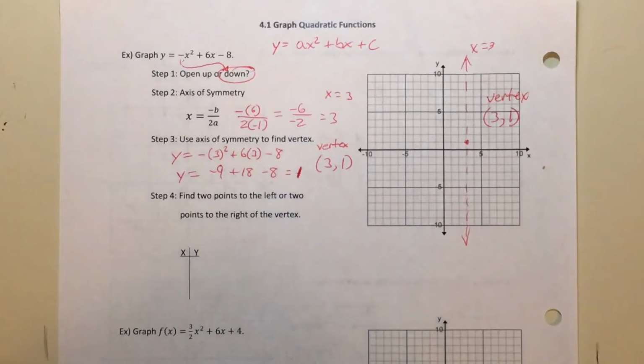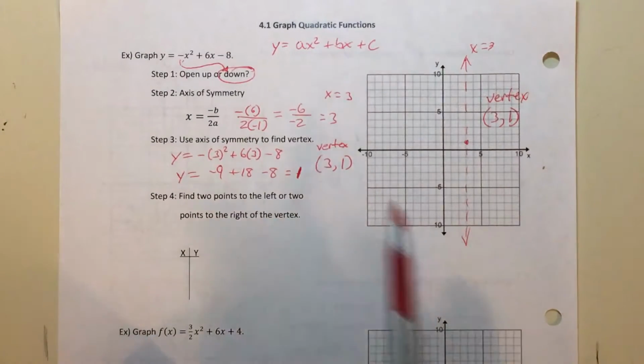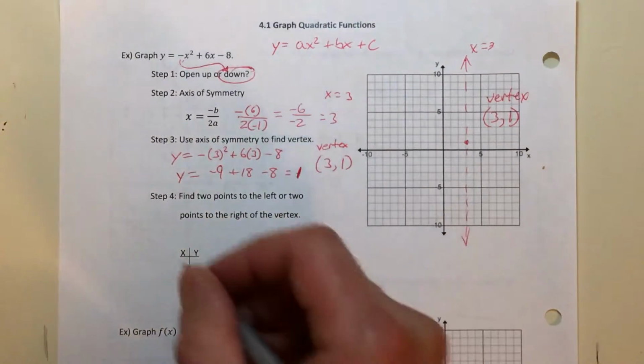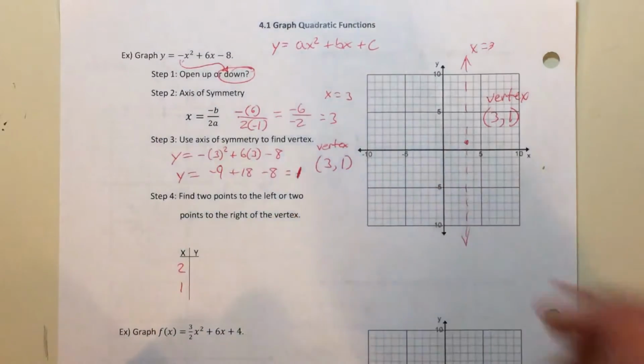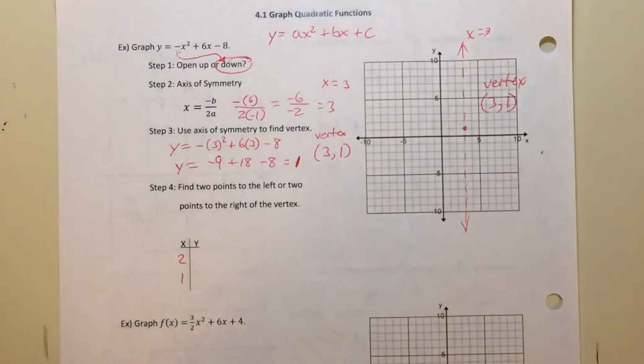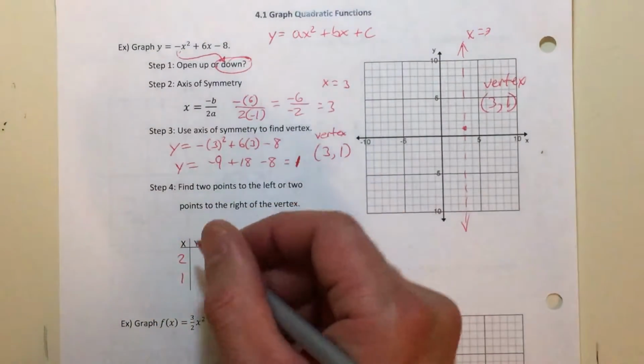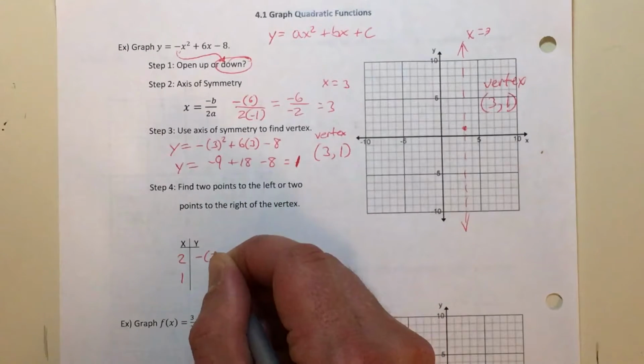And that's what step 4 is. Find 2 points to the left or 2 points to the right of the vertex. Since I'm at 3, I'm going to make it easier on myself and use 2 and 1. That'll be one side.